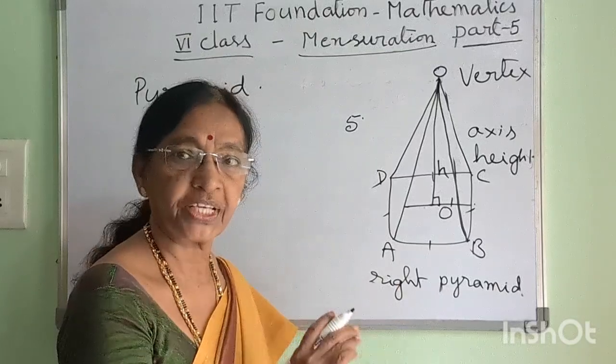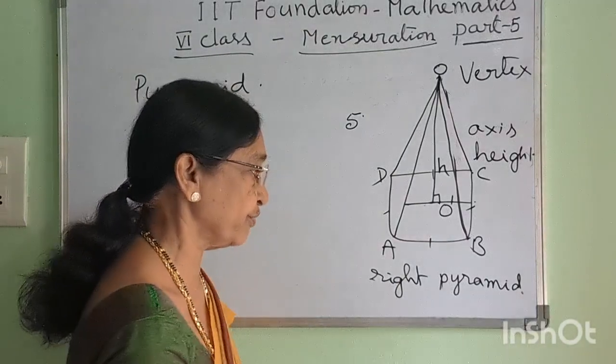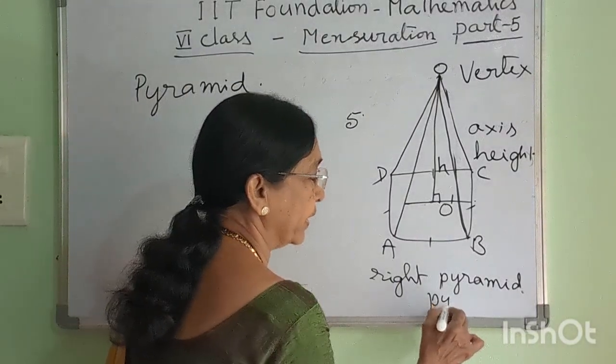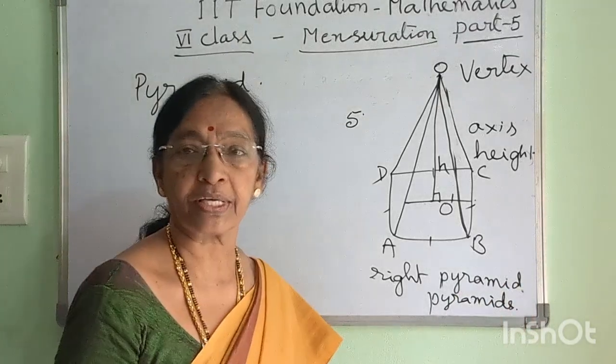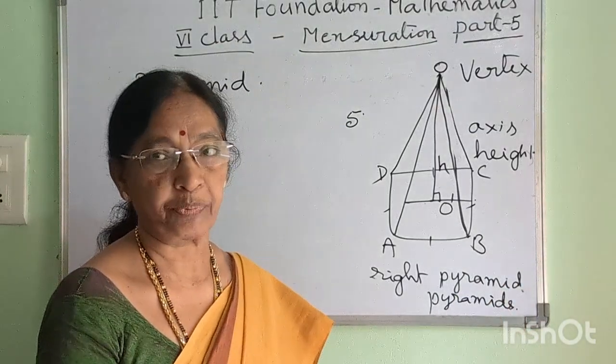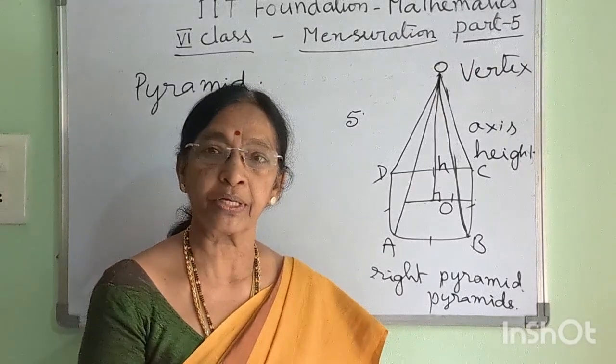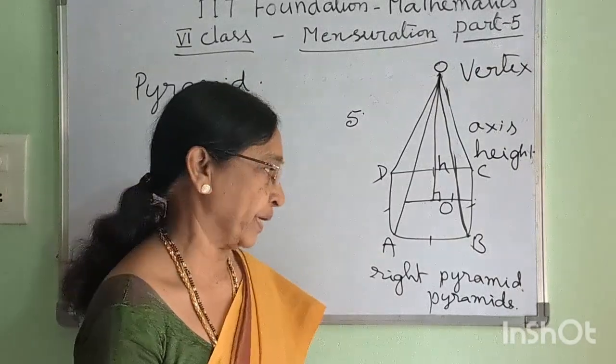Generally, we deal with right pyramids only. Therefore, we call them simply pyramids. So from now onwards, if we say a pyramid, it is a right pyramid. The axis is perpendicular to the base of the pyramid.